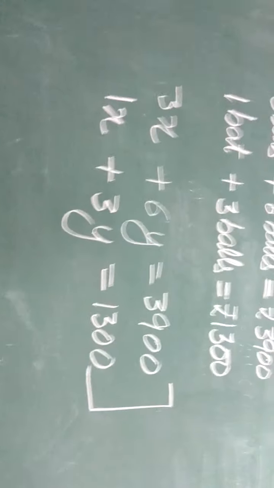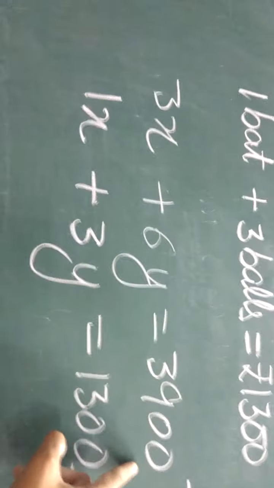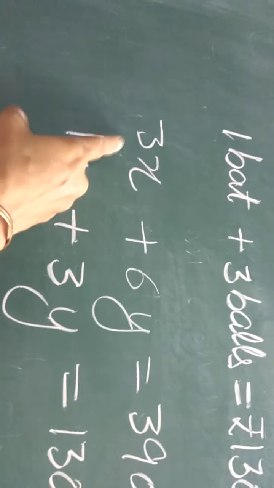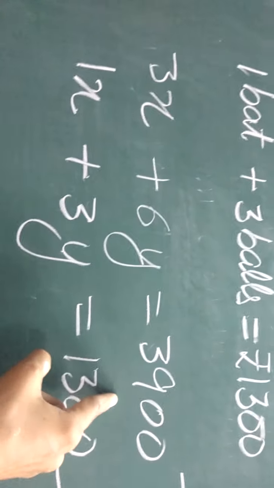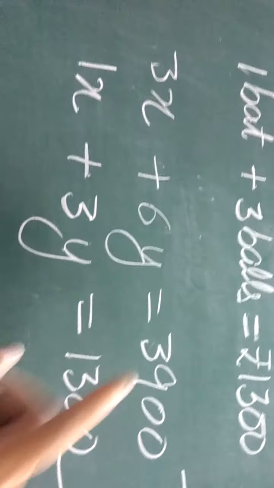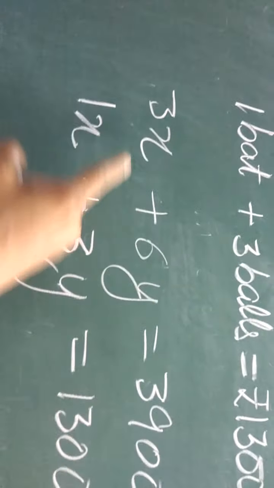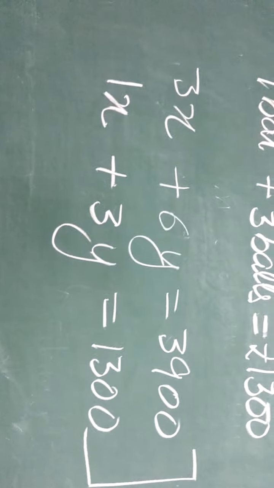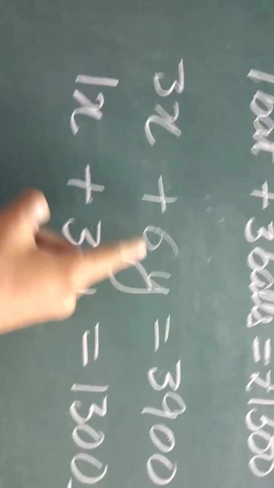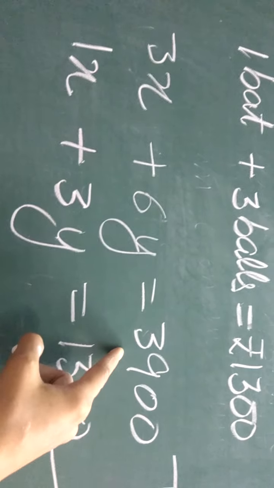Dear students, one more thing I want to tell you: if in any one of the equations you find that all the coefficients are multiples of a common number, then we can cancel that common factor throughout, like 3, 6 and 3900.